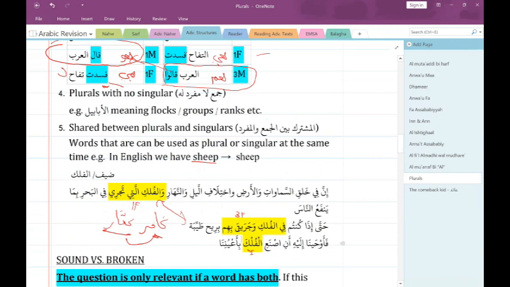How can we find a list of these kinds of plurals? There's a book. It's in Arabic. If you're interested, I can share the PDF with you. You don't have to read the whole thing. If you know how to search, you go to the word the way you would in a normal dictionary, the root letters, and it will tell you isim jama.